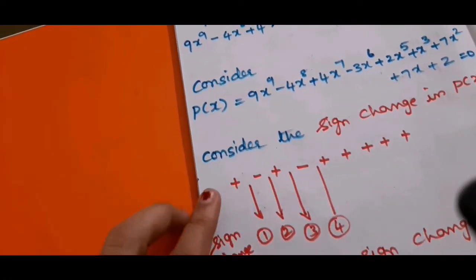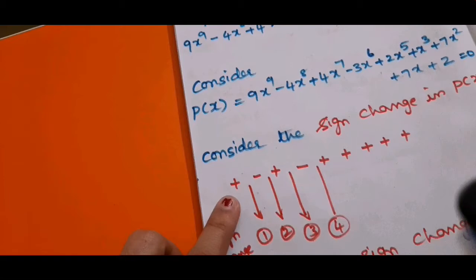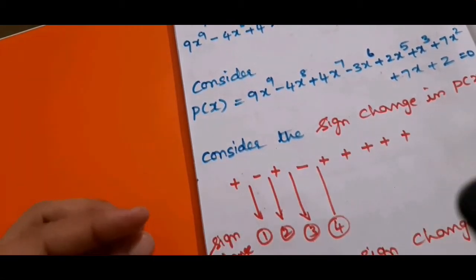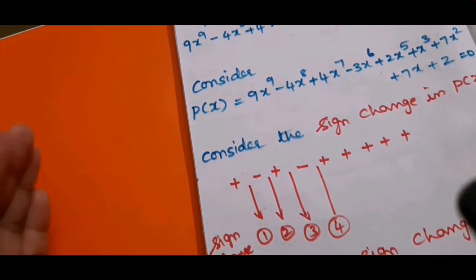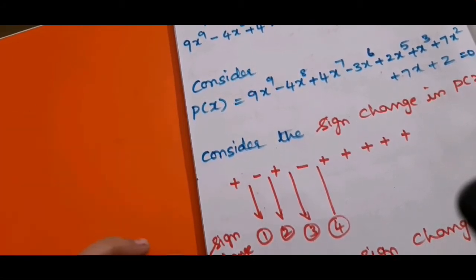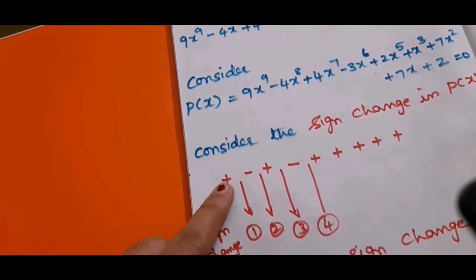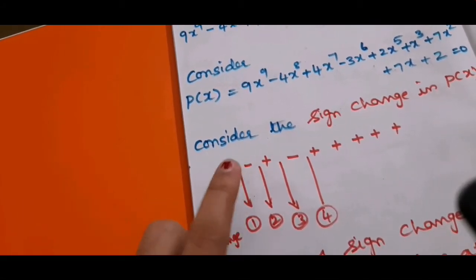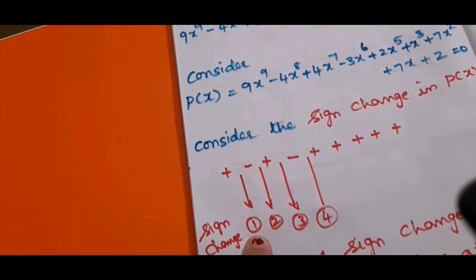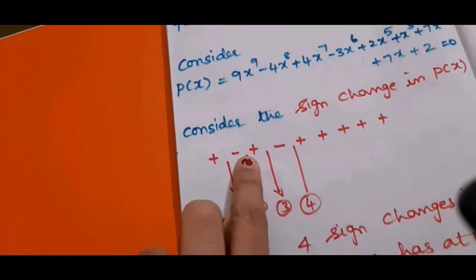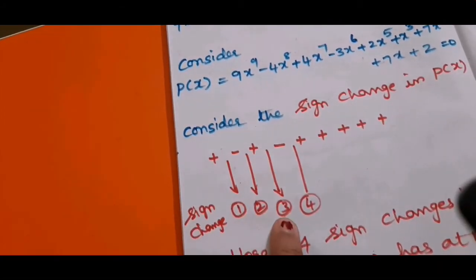Then you have to observe how many sign changes are there in this sequence. Positive to negative and negative to positive are both changes. Here the coefficient changes sign from positive to negative, therefore one sign change. Then negative to positive, second sign change. Positive to negative, third sign change.